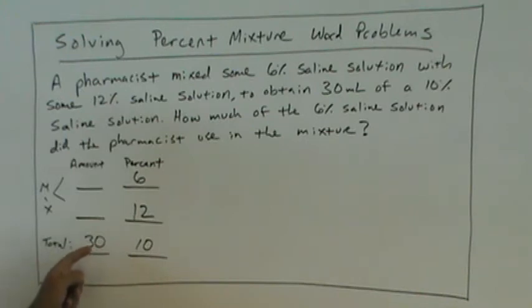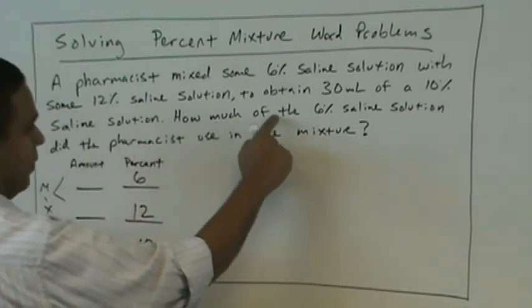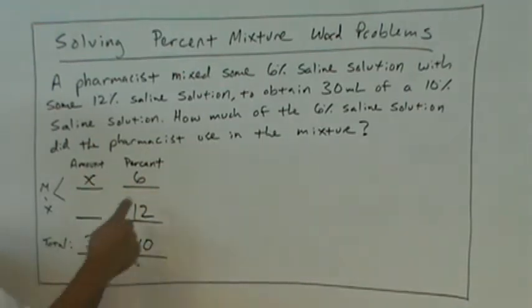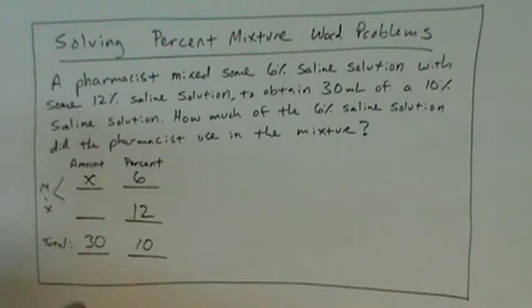Or in algebra, when we don't know, what do we use? X. Which one are they asking us for? 6%. That's where I'm going to put my X. How much of the 6%? I don't know, so I'm going to call it X. But whatever that is, when I add it to this, it has to be 30.